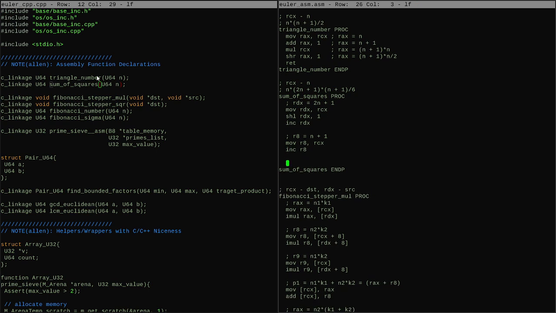And then we're going to multiply all of those together. So we're going to get RAX equals n times 2n plus 1 times n plus 1.